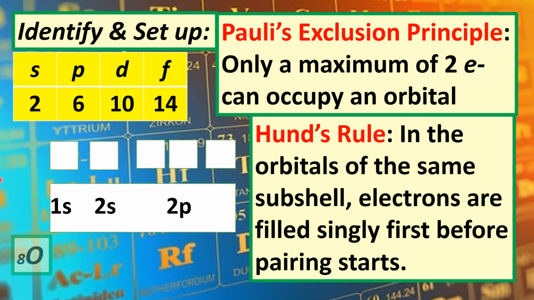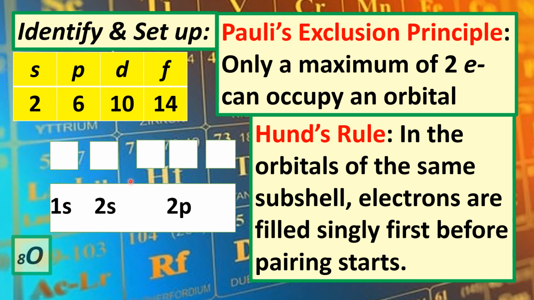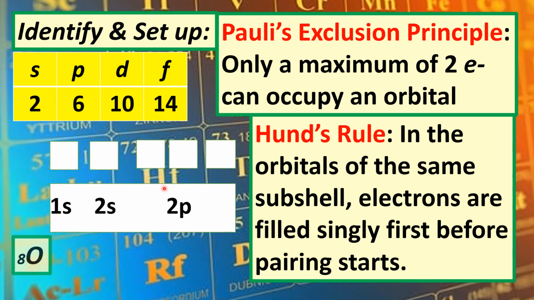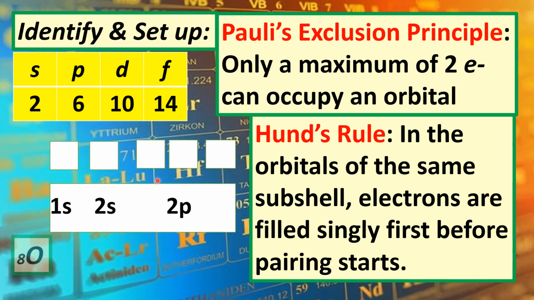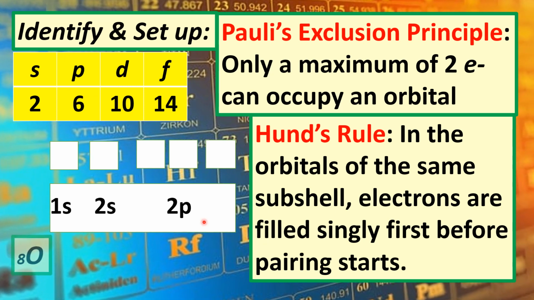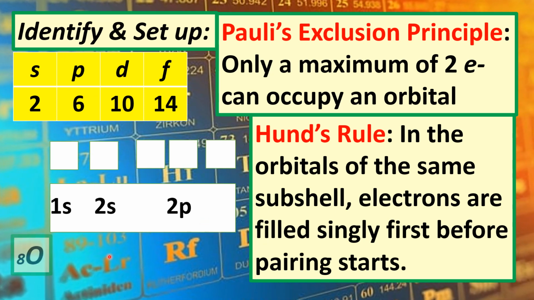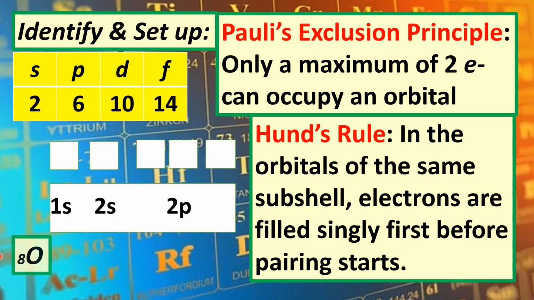We have the 1s orbital, we have the 2s orbital, and the 3 p orbitals, or 2p orbitals. So there are 5 orbitals.